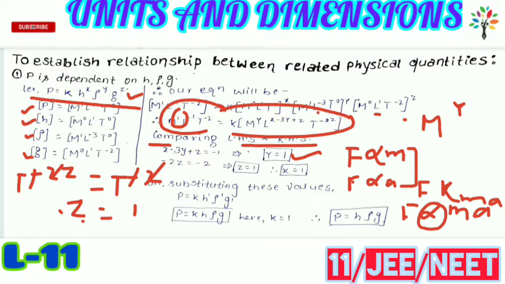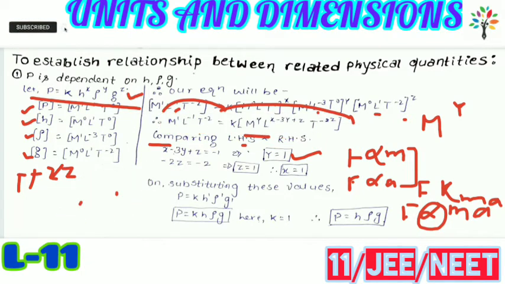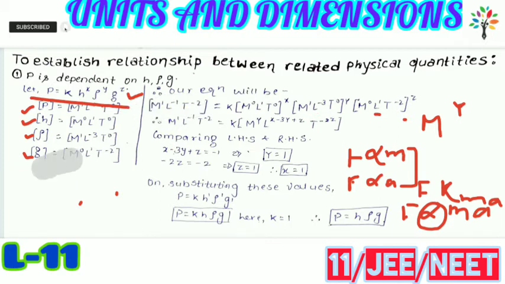Similarly, find the value of x. In order to find the value of x, write its equation: x minus 3y plus z is equal to, see here, L raised to power minus 1, so minus 1. Just put the values of y and z.